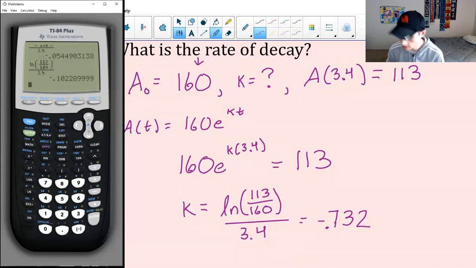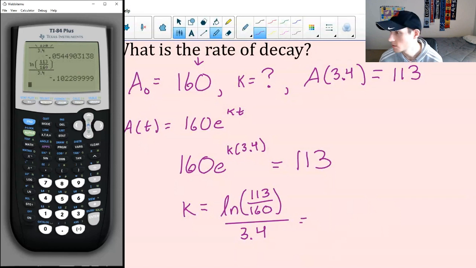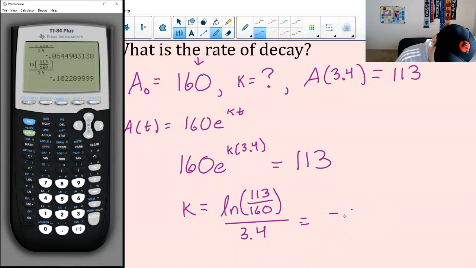We'll try it for the third time until someone tells me what's wrong with this one. Natural log of 113 divided by 160, divided by 3.4. So negative 0.102.